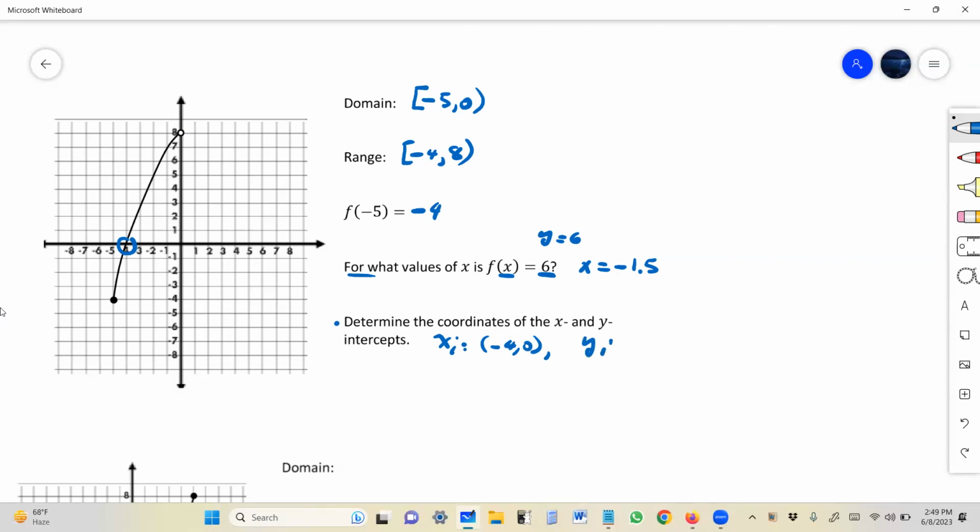And the y-intercept is where the graph crosses the y-axis. It's right here. Now, because of the open circle, it never touches the y-axis. So you can say none or does not exist. Okay? If the point was closed, you would write 0, 8. But it's not. It just doesn't exist.